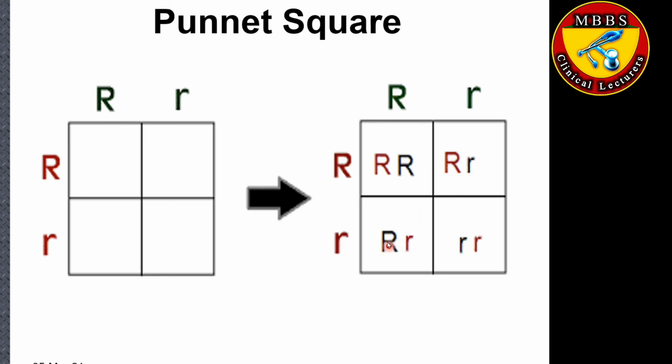Again heterozygous, so the dominant trait will be present. This is homozygous recessive, so the recessive trait would be expressed. Homozygous dominant, homozygous recessive. These are the heterozygous. Heterozygous means both the alleles are different but the expression will be of the dominant character. Please remember.